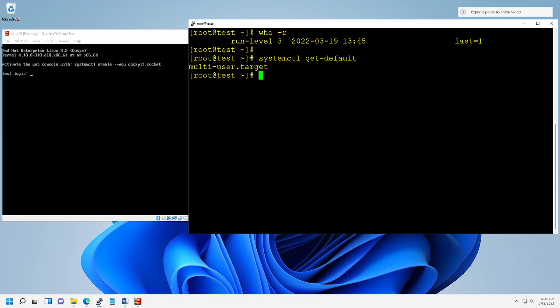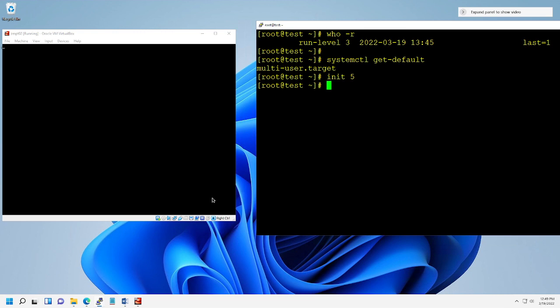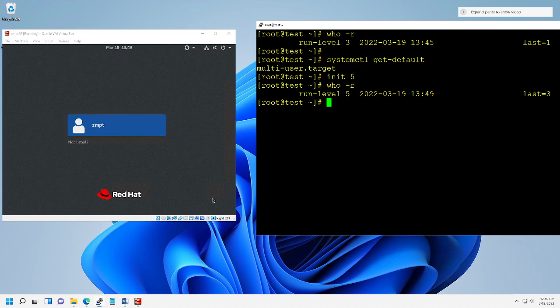Okay, so let me see if it's installed or not. Okay, there you go. The system came up into the GUI mode.